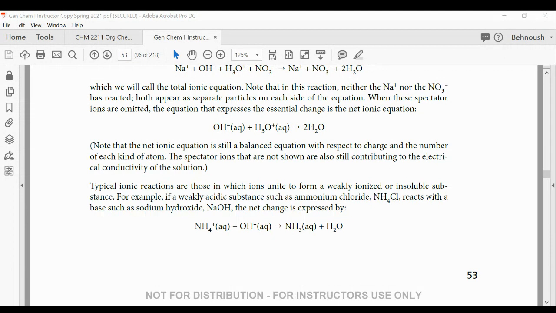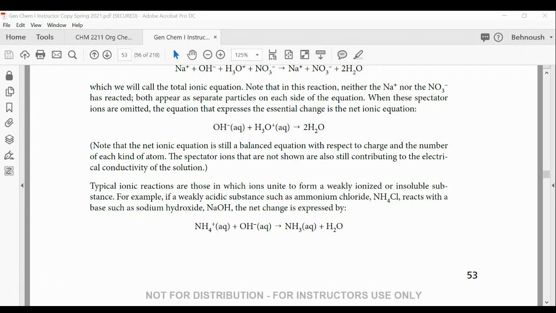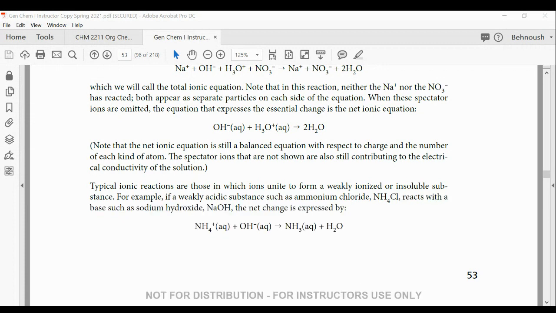So weak acids are weak electrolytes because they create some ions, but strong acids generate lots of ions, and it's going to be a strong electrolyte. Another class, Hannah or Kate? Another class of weak electrolyte.